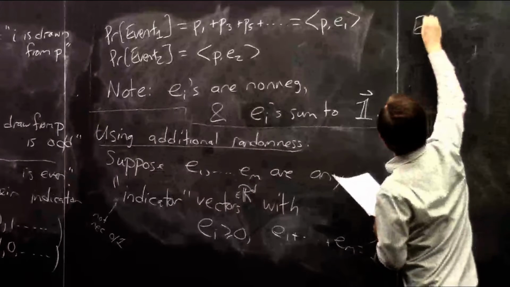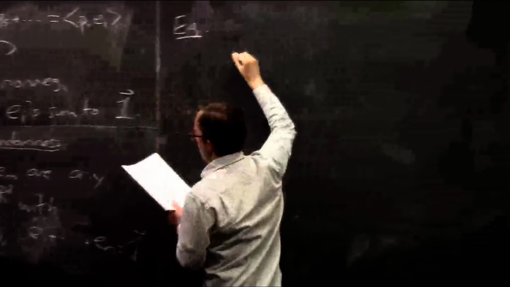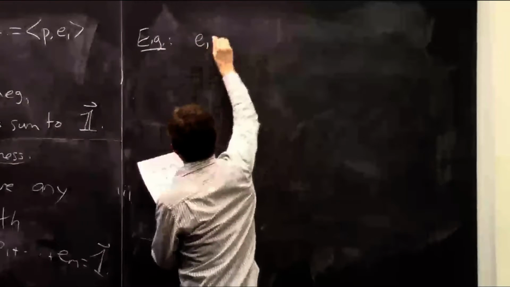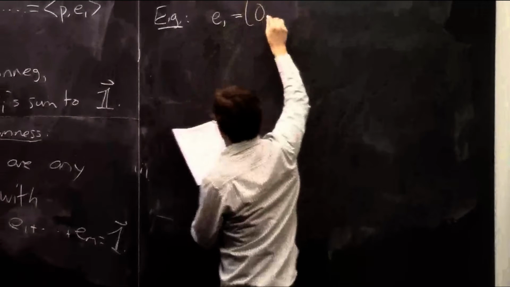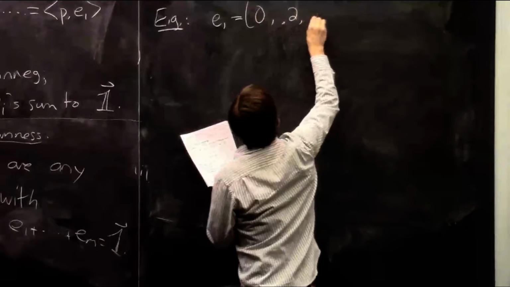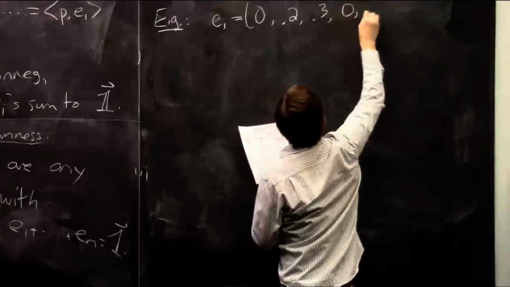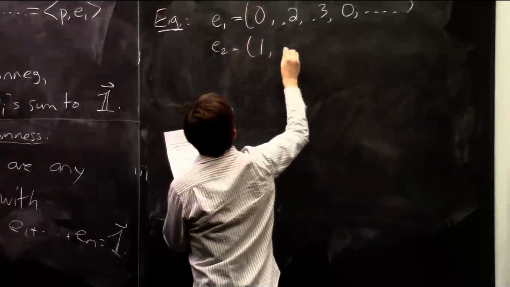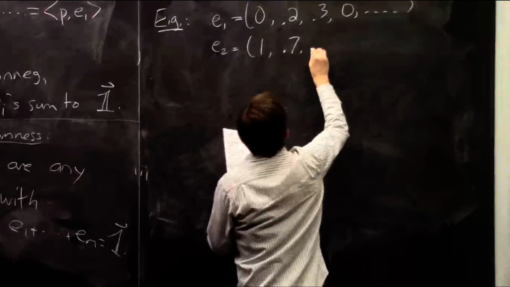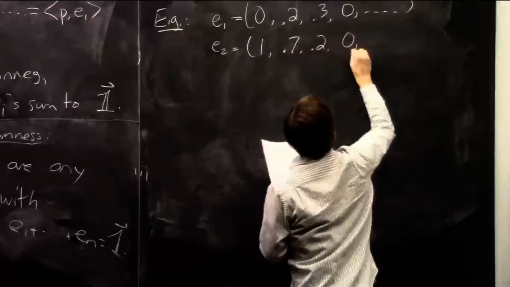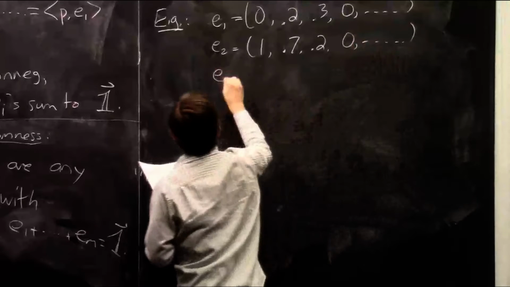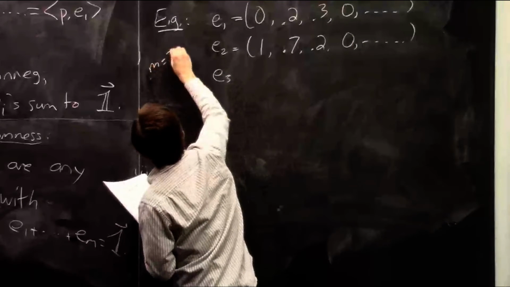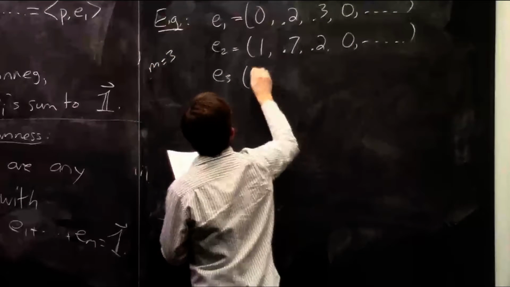So let me write out a mildly elaborate example. E1 is 0, 0.2, 0.3, 0. E2 is 1, 0.7, 0.2, 0. And E3, I'm just going to have 3. This has got to be 0.